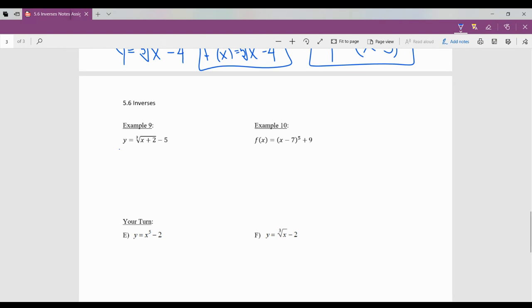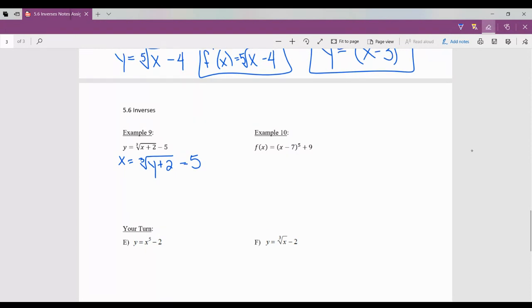All right, switch x and y. So these have a few more steps involved, but it's the same process. So we want to solve for y. So first thing, outside of the root is a minus 5, so I'm going to add 5. So I get x plus 5 equals the third root of y plus 2. Now this whole thing is inside the root, so I want to get rid of the root with an exponent of 3. So then I put an exponent of 3 on this side.